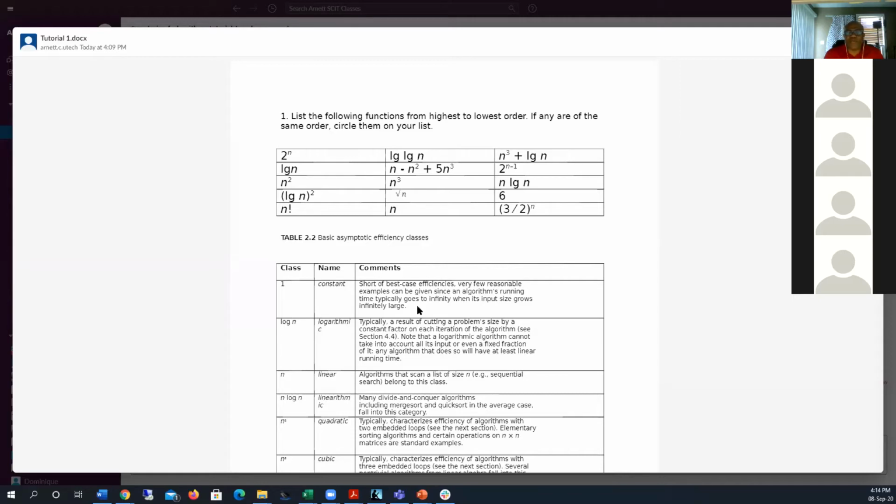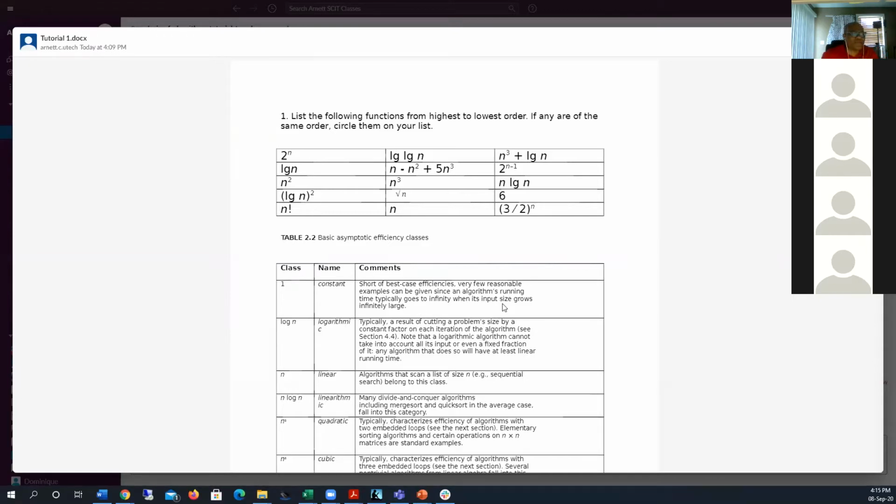However, if the input were infinite, then even though the resource used is constant, that algorithm would never finish its work because it would always be getting input.